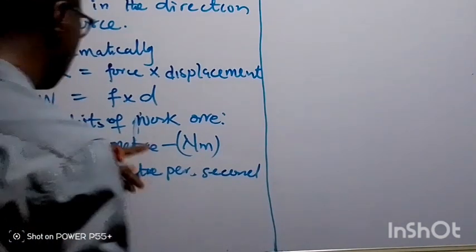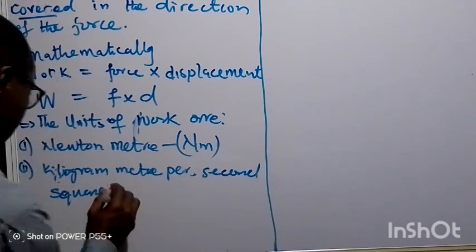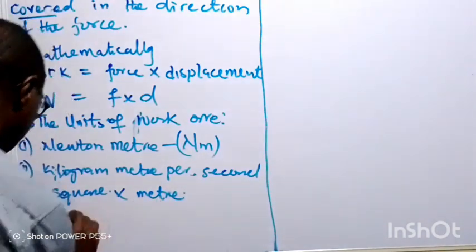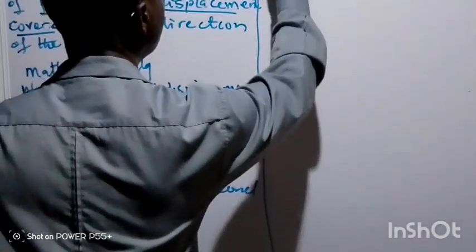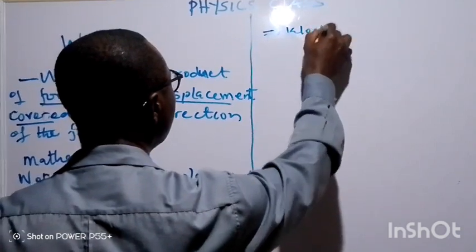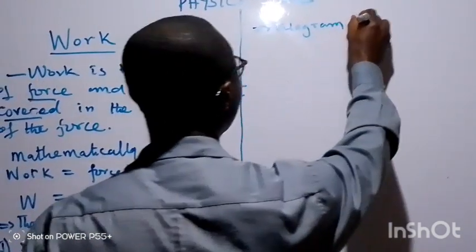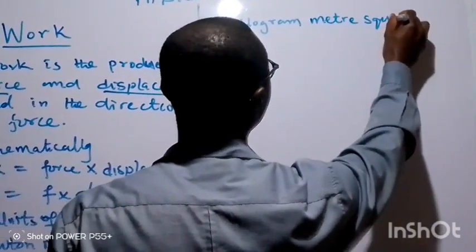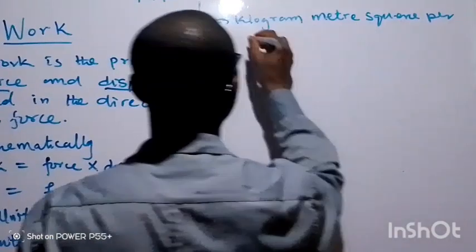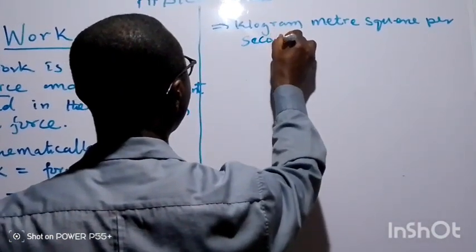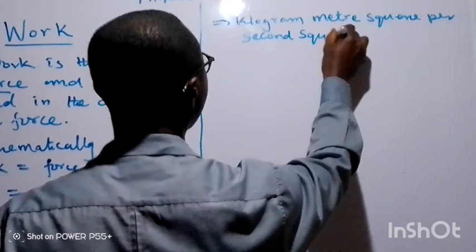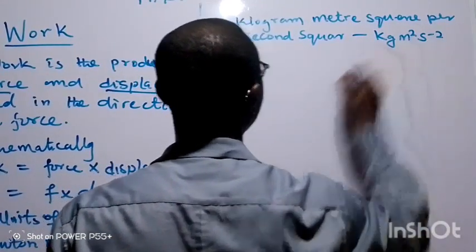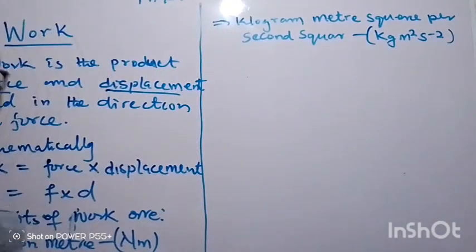And mind you, this is multiplied by another meter for displacement. Then it will give us kilogram meter square per second square. That is the second unit of work.